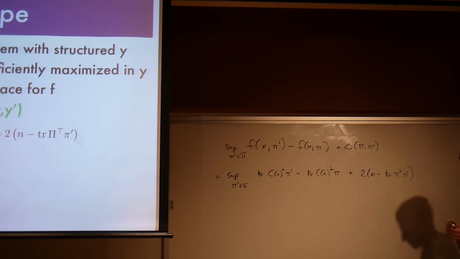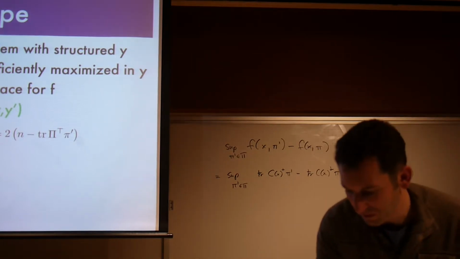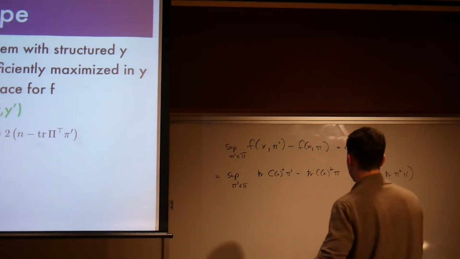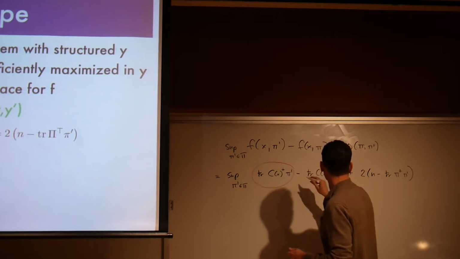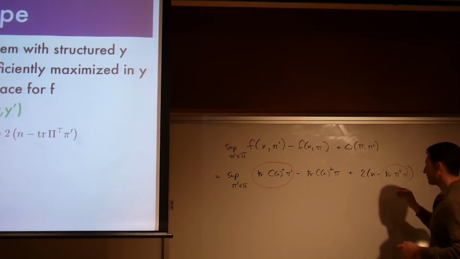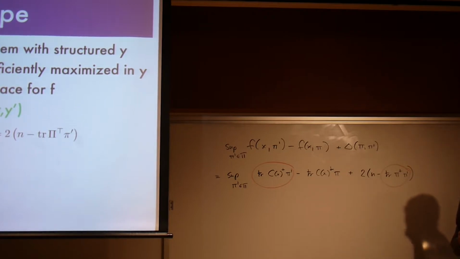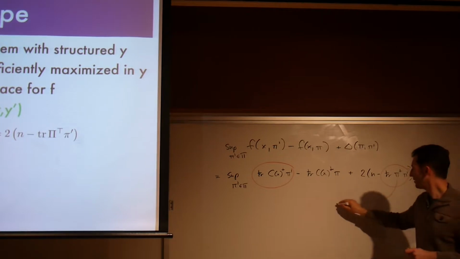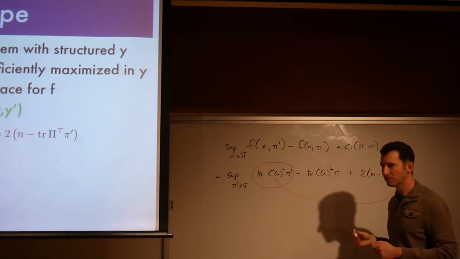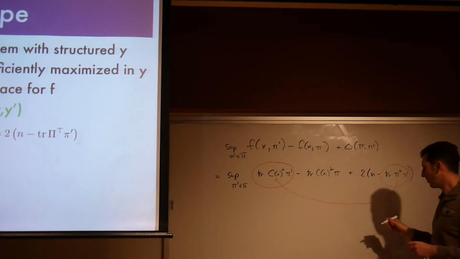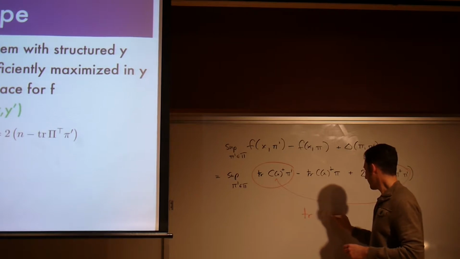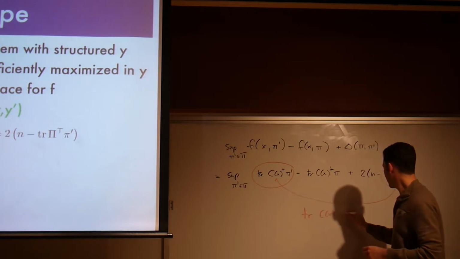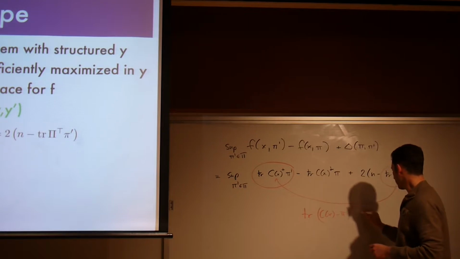This is great, because we know how we can solve this, right? The only pi prime dependent terms are this one and that one. And so we can actually pull this thing over, right? So the problem that we need to solve is the trace of c of x minus pi transpose pi prime.